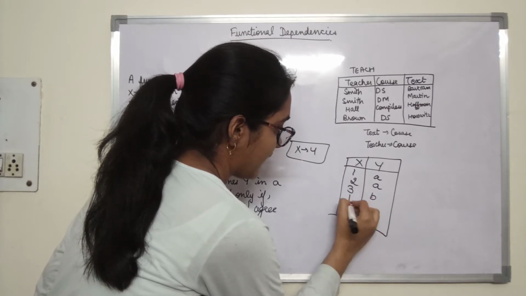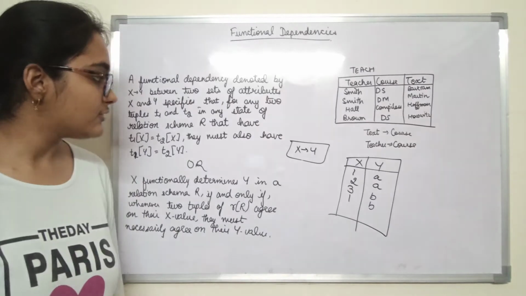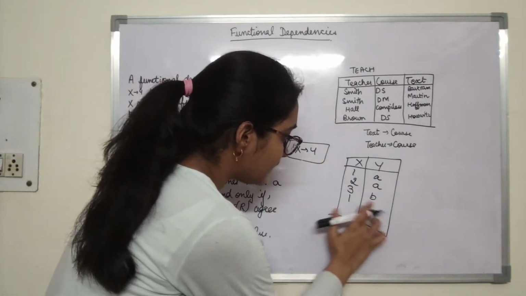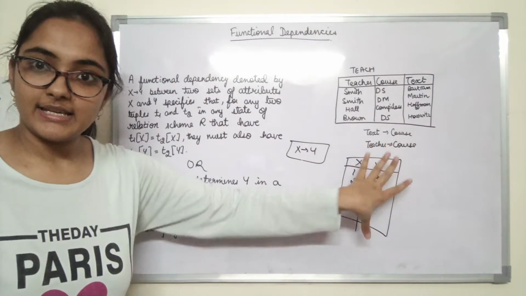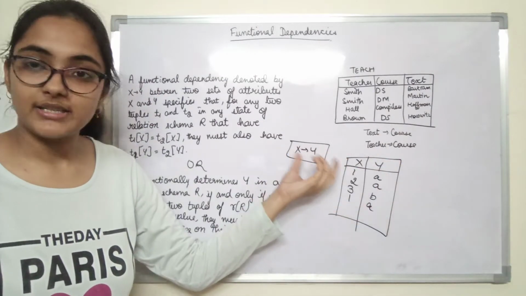We have to see whether X determines Y. What it is saying is, given the value of X, you should be able to give the value of Y. That is the meaning of this.